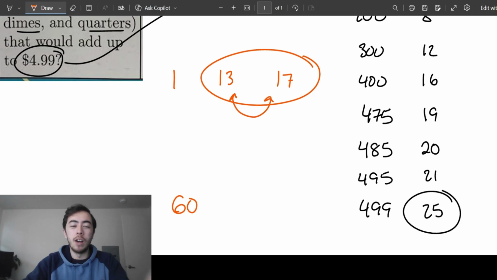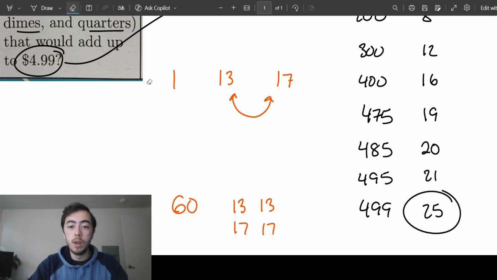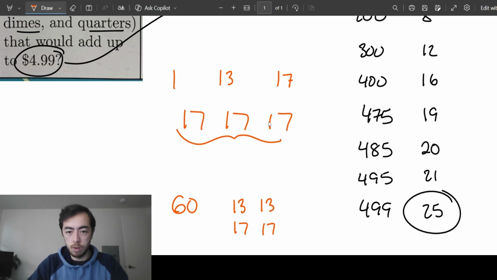And so it's really clear to me that we should just do 13, 13, 17, 17 to create the number 60 here. However, with my greedy algorithm, where I only care about adding the biggest thing possible until I can no longer, I will do 17, 17, and then 17 again. This number right here is 30 plus 21, so 51.